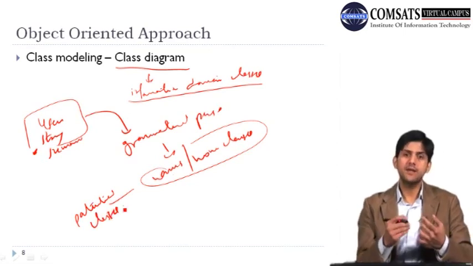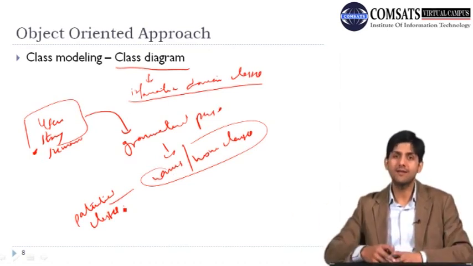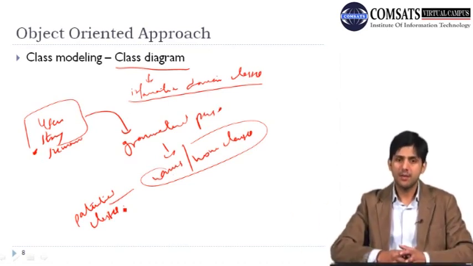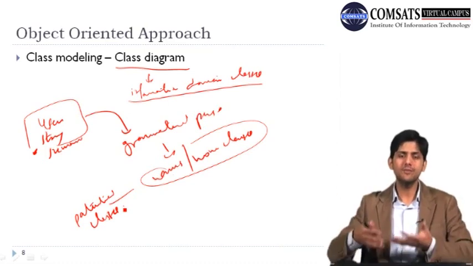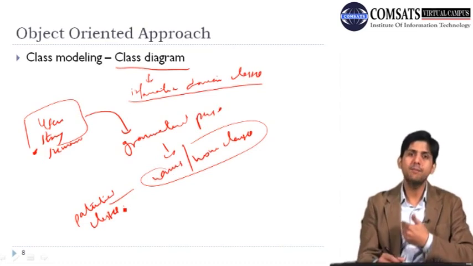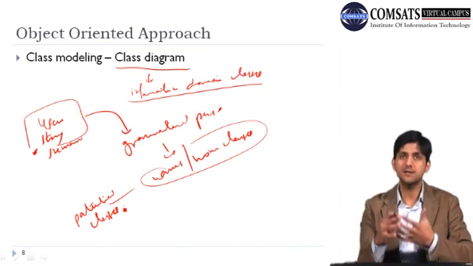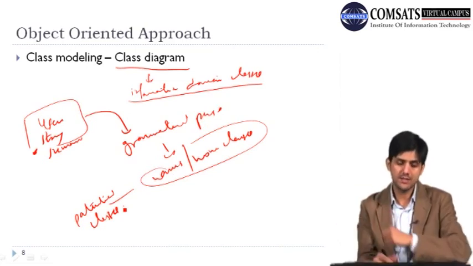But in a big system, you might end up with hundreds of potential classes. In reality, you may not make all of them your actual information domain classes, so we need a mechanism to filter from this list of potential classes to the classes I would actually make in my system.